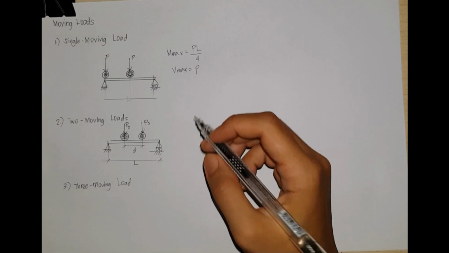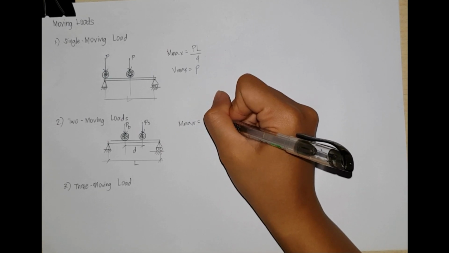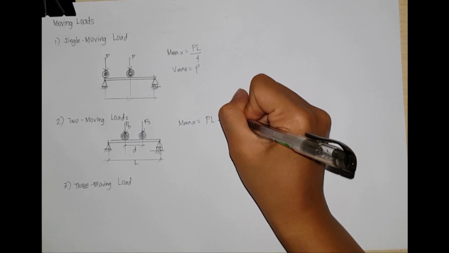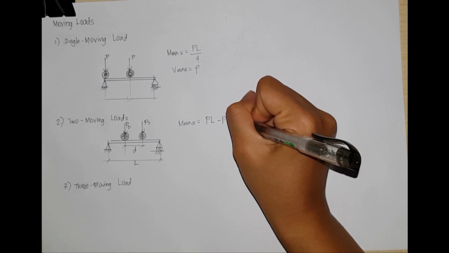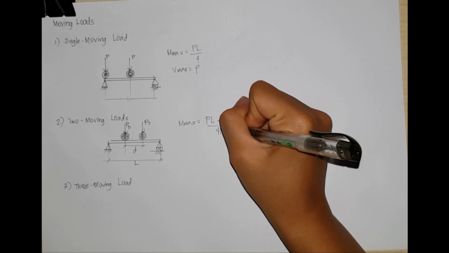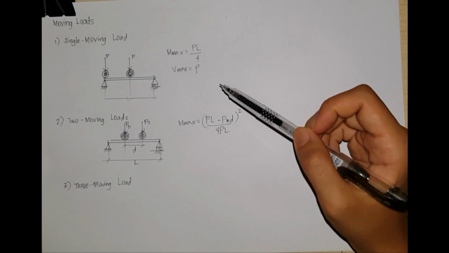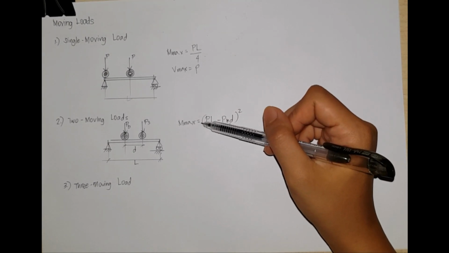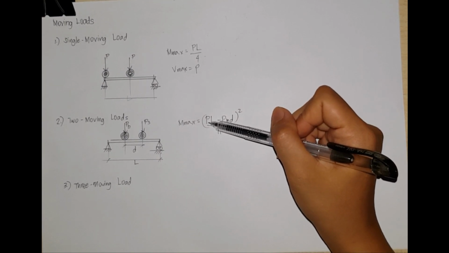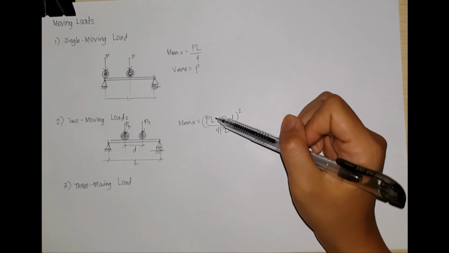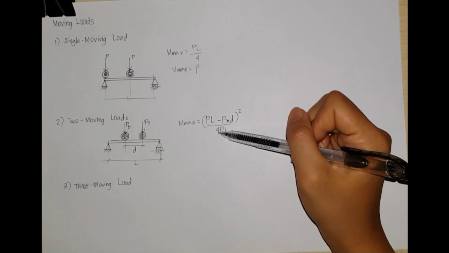So the maximum moment is given by a formula in which the maximum moment is equal to the difference of the total load, or PB plus PS, multiplied by the total length minus the larger load multiplied by the fixed distance D is squared all over 4PL.